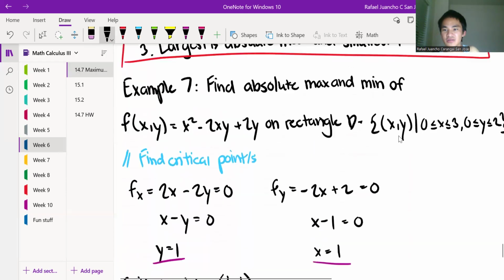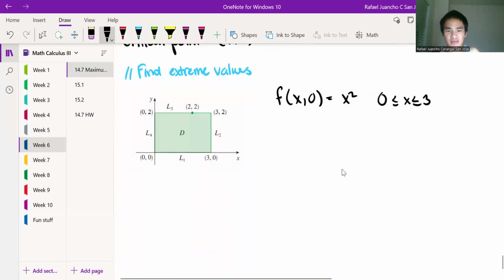We did mention it here. It was a given. It's an increasing function of x. So its minimum value is f of 0, 0, and its maximum value is 9, right?